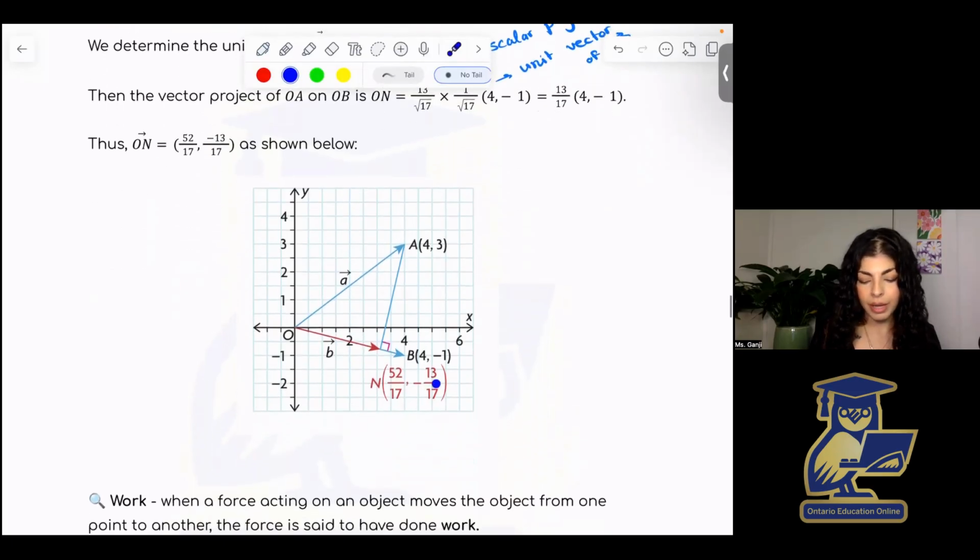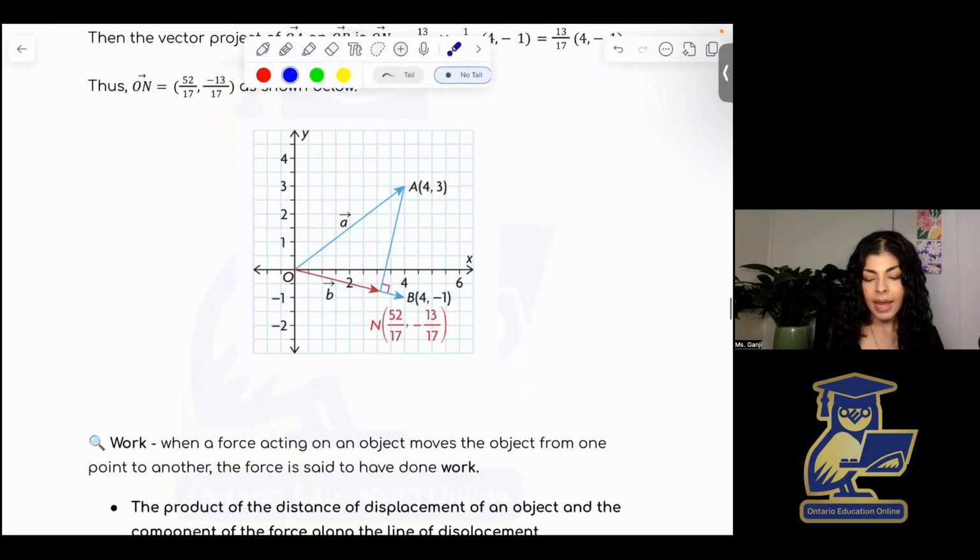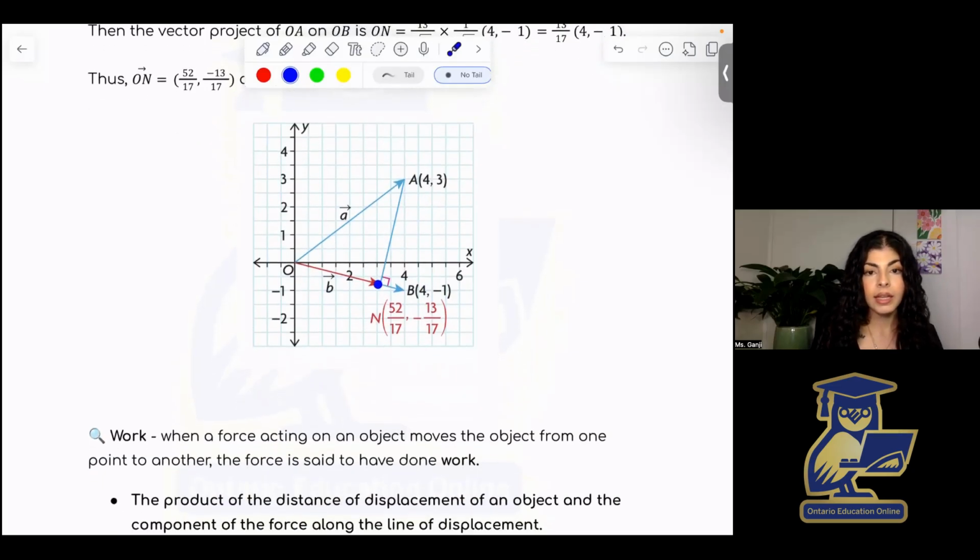Let's look at it below here. This is vector OA, which is given by the point A, 4, 3. And this is vector OB, which is given by the point B, 4, negative 1. Now this is the line drawn from A onto B, which is perpendicular to vector B, and this is now that vector ON.